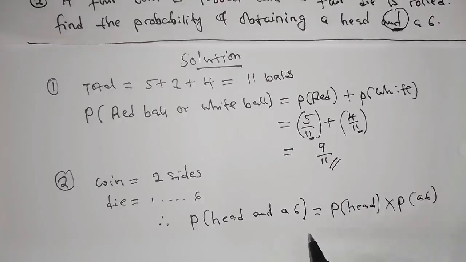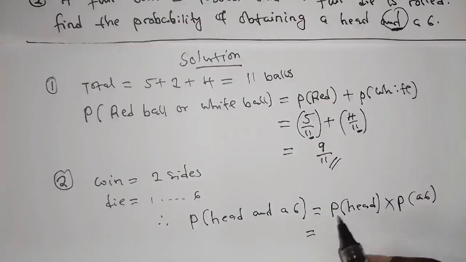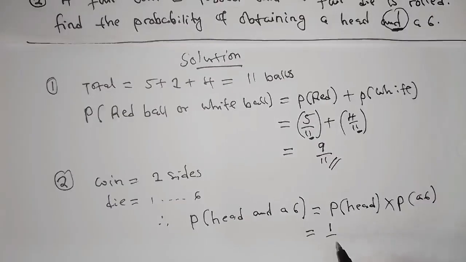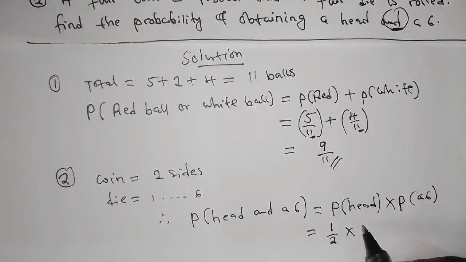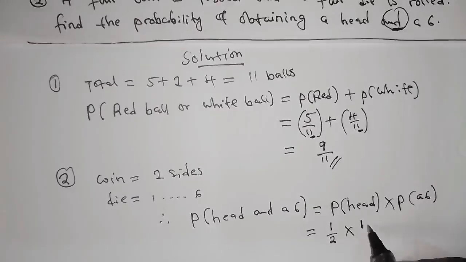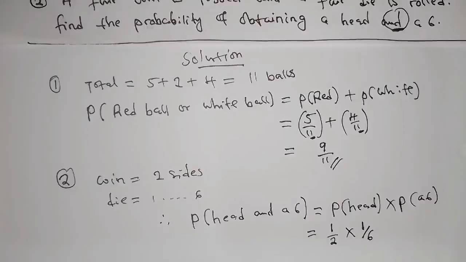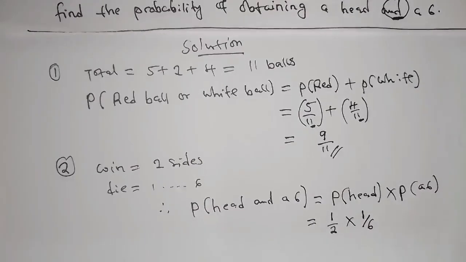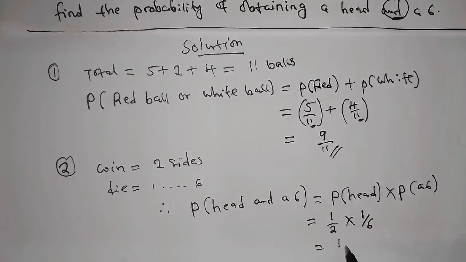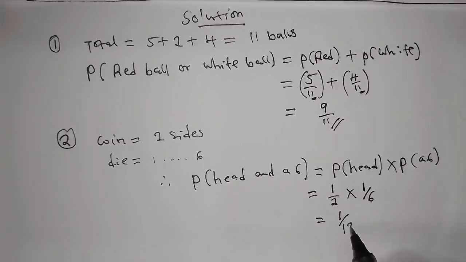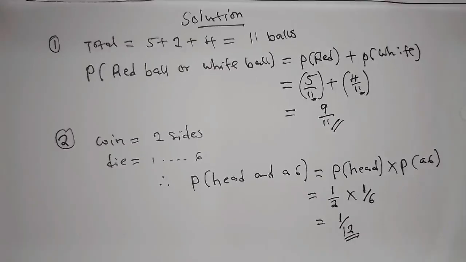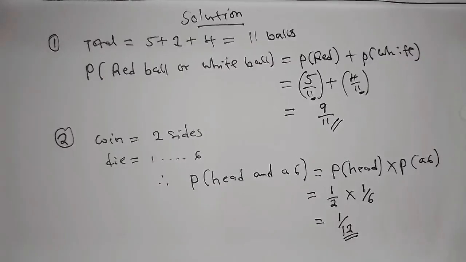The probability of the head is 1 out of 2, multiplied by the probability of a 6, which is 1 out of 6 different numbers. This gives us 1 out of 12. So that's how you can answer this question.